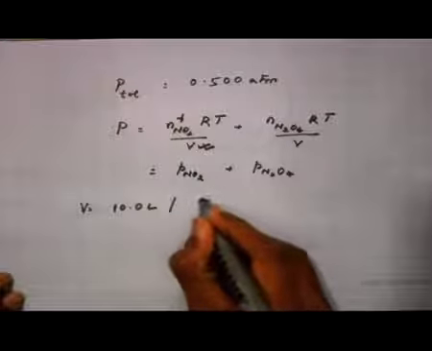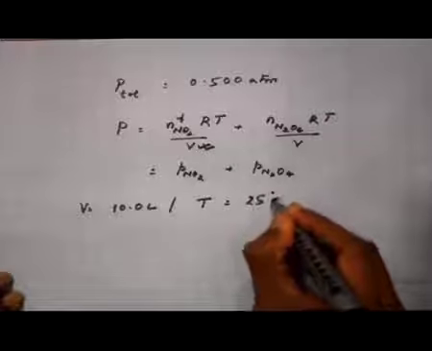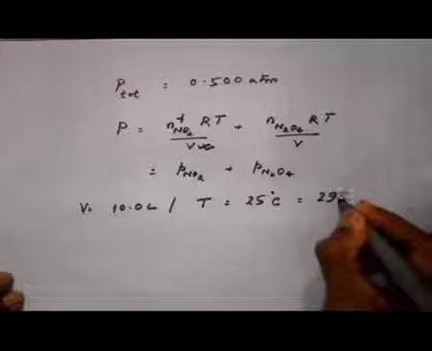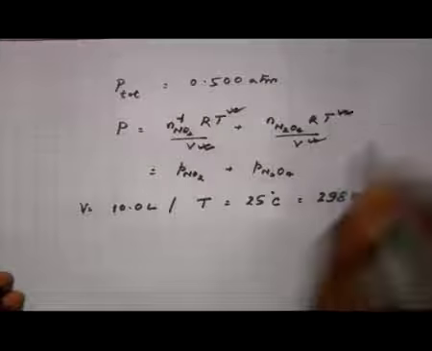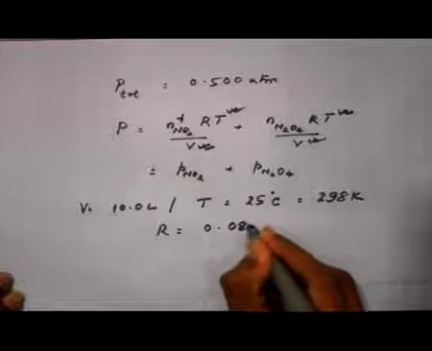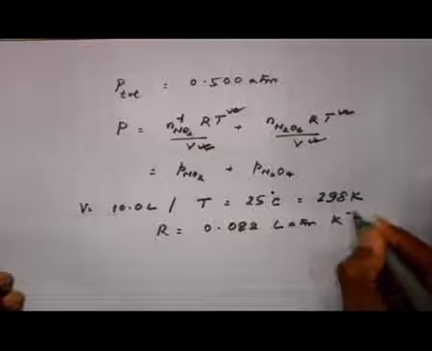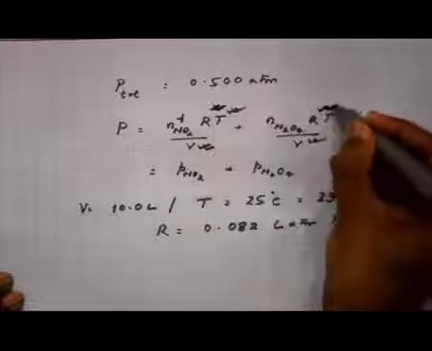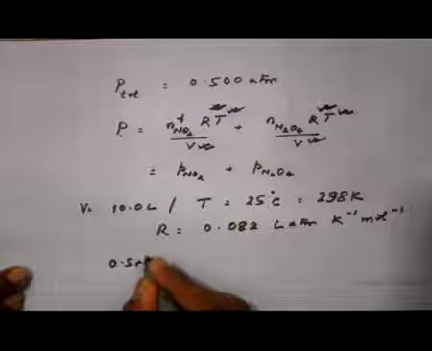We know the temperature is 25 degrees Celsius, which is 298 Kelvin. So, we know these. R, for convenience we will use 0.082 liter atmospheres per Kelvin per mole. So, we know this, and the left hand side is known. So, this is 0.5 atmospheres.